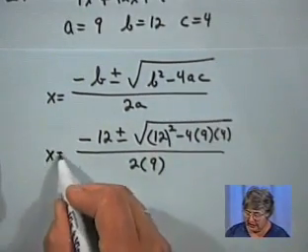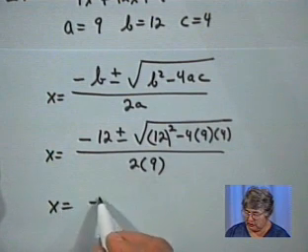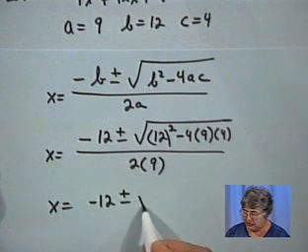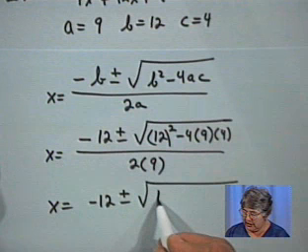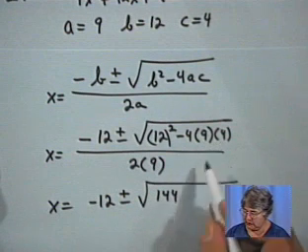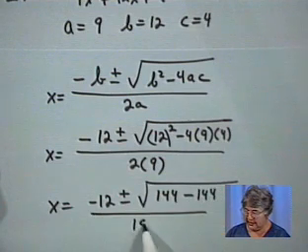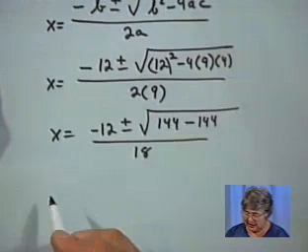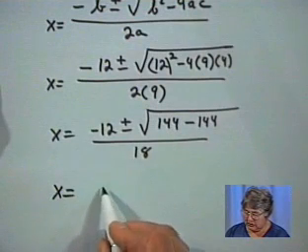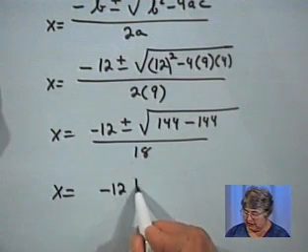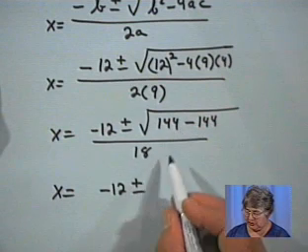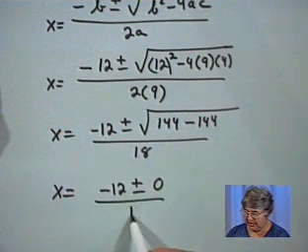So what do we get? We're going to have x equals minus 12 plus or minus the square root of 144 minus 144, divided by 18. Well, notice what happens. In this case, the solutions are going to be minus 12 plus or minus the square root of 0. That's just 0, divided by 18.